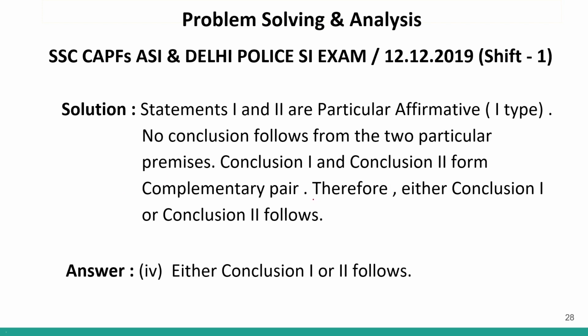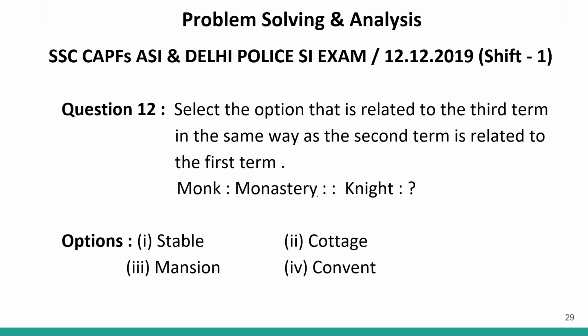Okay. Now, question number 12. Again, a question on analogy. We have to select pair 2 for pair number 1. The first pair is monk is to monastery and knight is to what?